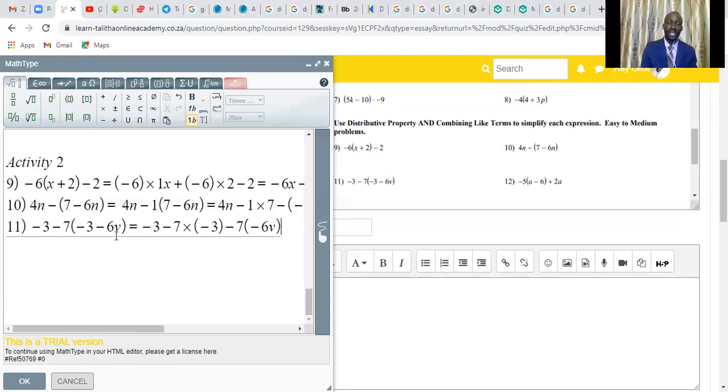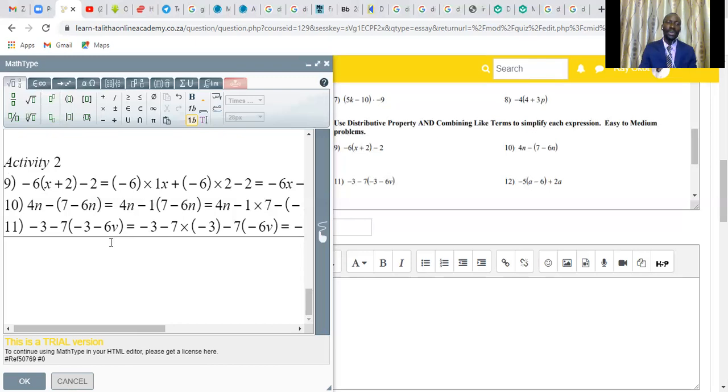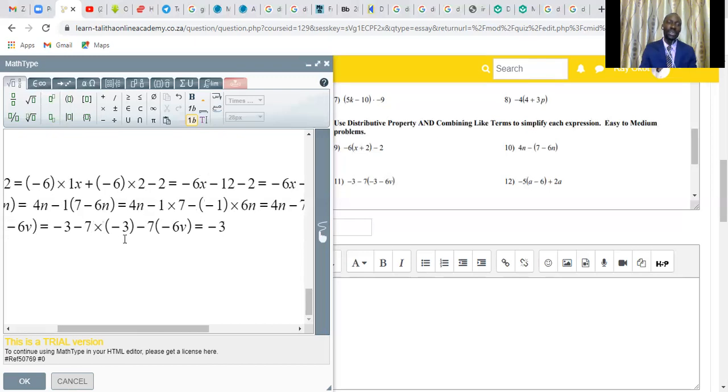And now in the step, we want to see how to simplify. And so that will be -3, which is the first term, this one here. Then when we distribute this 7 on this, we get 21. But remember, there is a minus and a minus there. And so we'll be having plus 21, because any two negatives, when they are made to multiply themselves, we get a positive quantity.